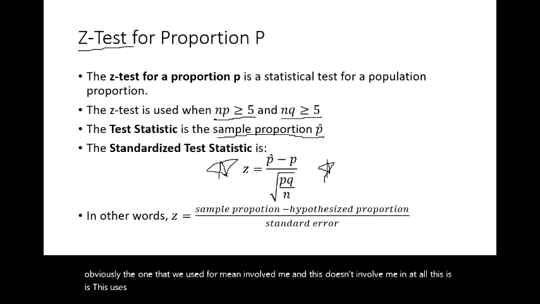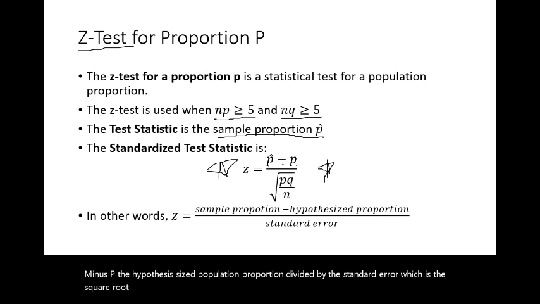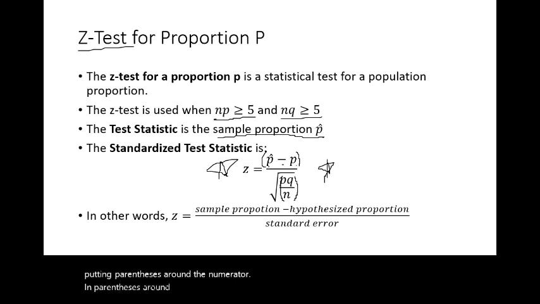So the z-score here is going to be P hat, the sample proportion, minus P, the hypothesized population proportion, divided by the standard error, which is the square root of PQ over n. When you're doing this on a calculator, I would recommend putting parentheses around the numerator and parentheses around that entire fraction inside the square root.